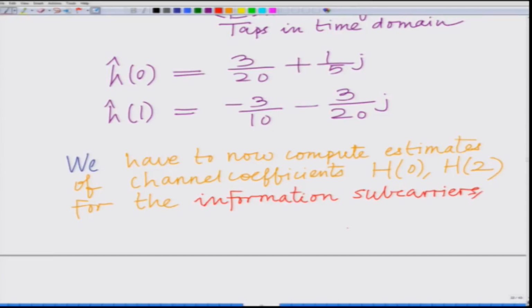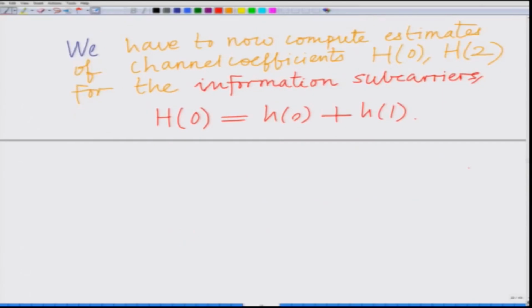And therefore, these can now be determined. We have seen that H hat 0 simply equals h hat 0 plus h hat 1, that is what we saw yesterday: H0 is the 0th point FFT of the zero-padded time domain channel taps h0, h1.